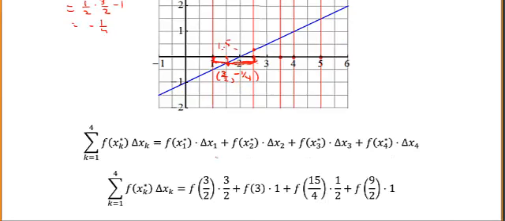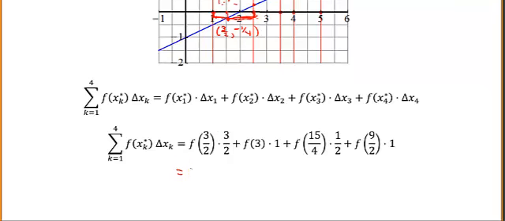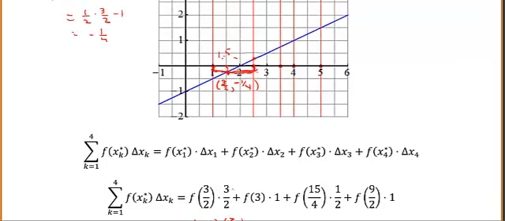If I multiply the width times the y coordinate, I'm going to get negative 1/4 times 3/2. Notice that gives me a negative number, negative 3/8. So notice that it sort of is counting this area as though it were negative, because it doesn't know. It's just multiplying things.